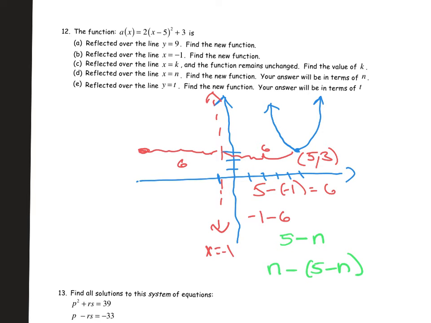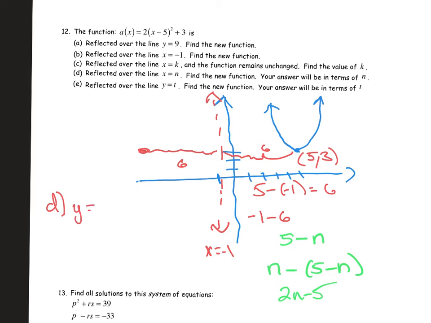And that's going to be where my new vertex is. So combining like terms, distributing here, I get 2n minus 5. So now the only thing that's changed, remember, for part D, the a value is the same. Actually, I won't call it a of x because it's not the same function. I'll just say y equals.